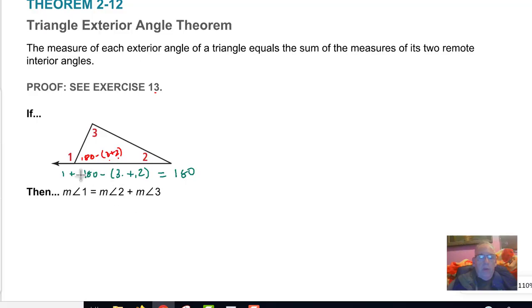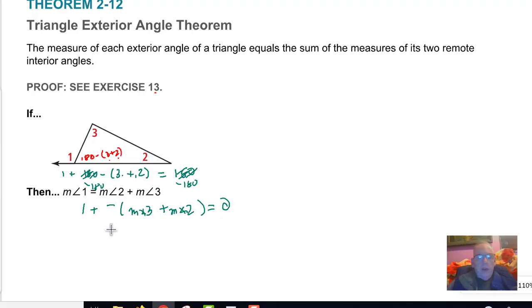We can take 180 away from both sides. So we have 1 minus the measure of angle 3 plus measure of angle 2 equals 0, because we took 180 off of both sides. So 1 minus the measure of angle 3 minus the measure of angle 2 equals 0.